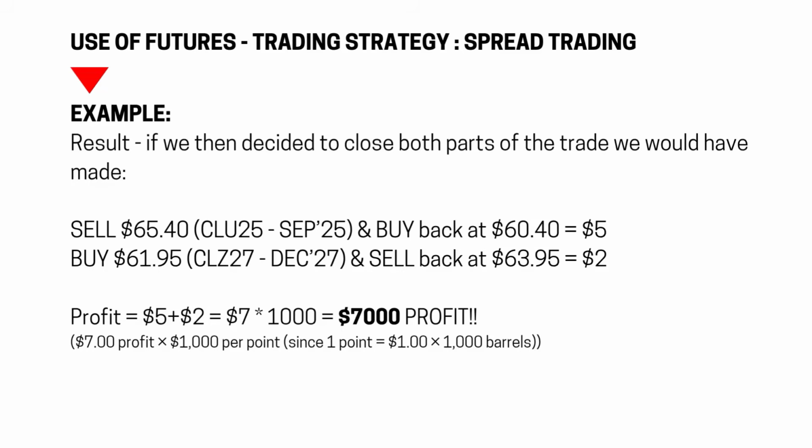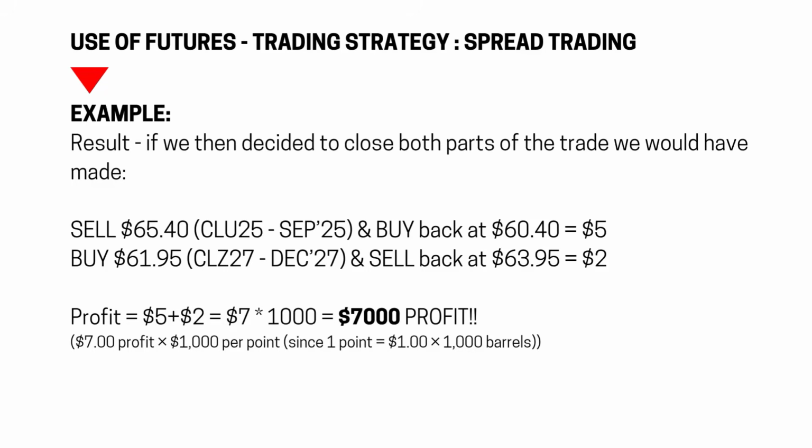Well, we know we've already made $5 on the front trade. That was selling the $65.40 Sep 25, and we bought it back at $60.40, so that's $5 profit there. And then we bought the further out December 27 oil contract at $61.95, and that went up $2 to $63.95, which we cashed in on, giving us a net profit of $7.